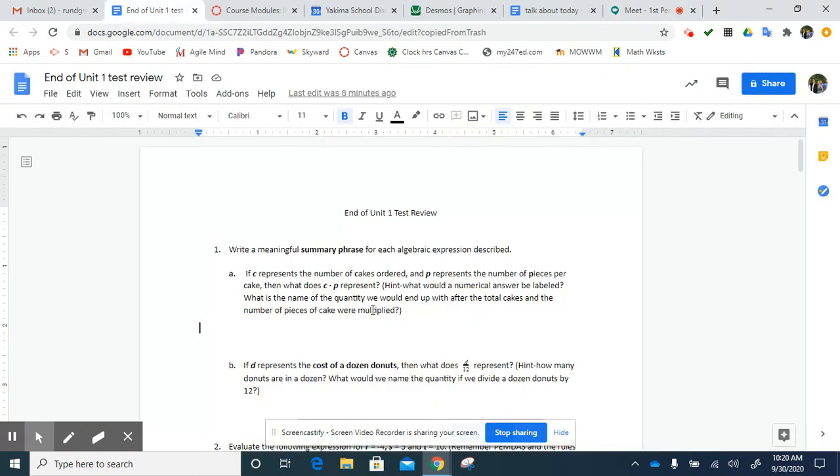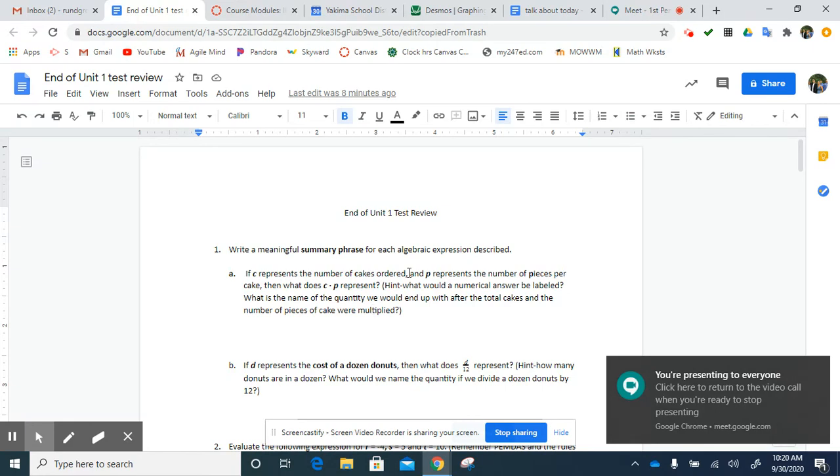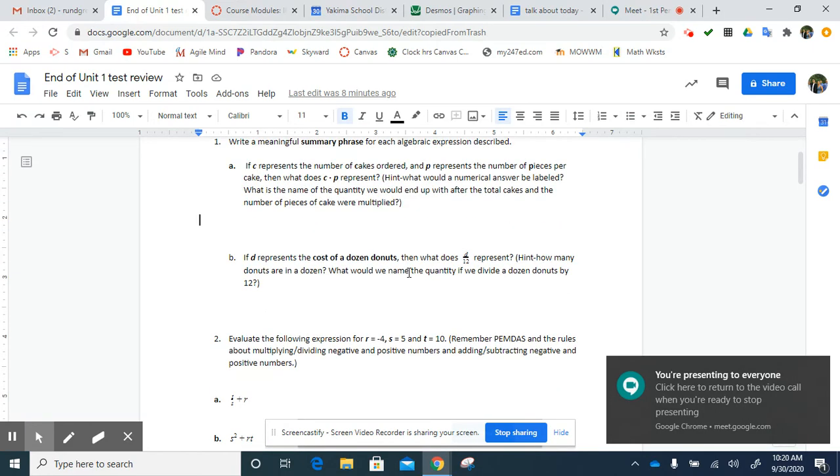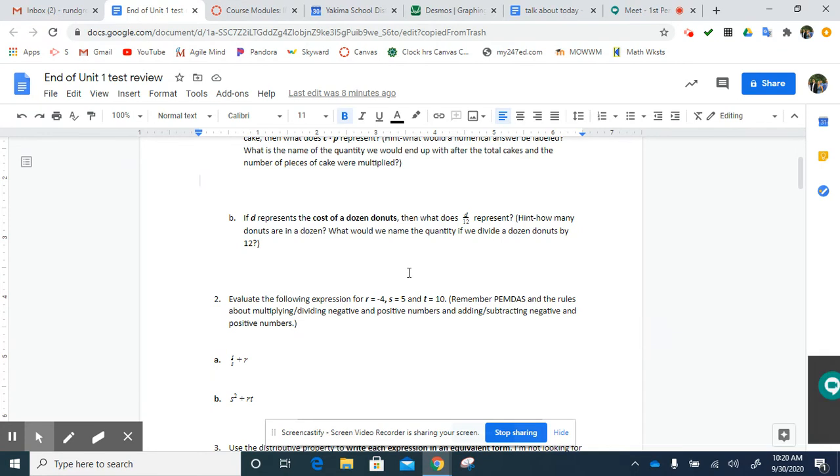Okay, now for 1B. If D represents the cost of a dozen donuts, so let's write that down. For 1B, we've got D equals cost of dozen donuts. Then what does D divided by 12 represent?